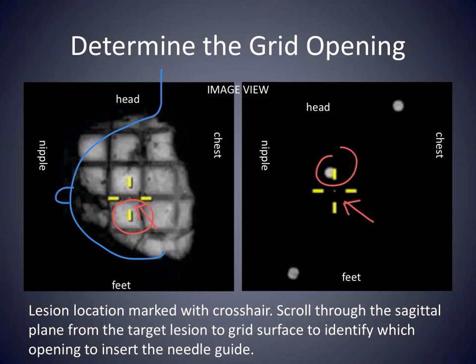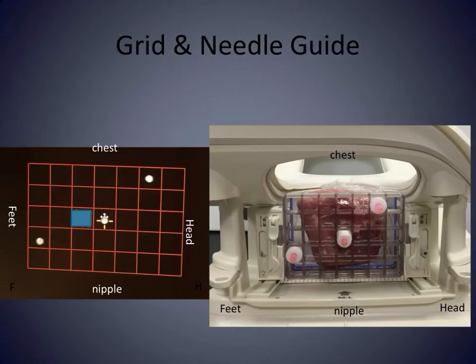And the orientation of the image view is different than what we have previously seen that is generated by the computer software calculation, known as the patient view. In order to translate what we have determined into patient view orientation, you have to keep in mind which direction you're moving.